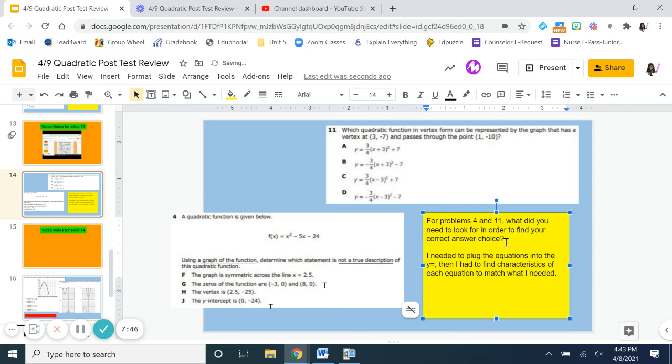And that's exactly the steps that I took. I plugged the equations into my y equals, and on number 4, I had 4 different characteristics to look at. Number 11, luckily, I only had 2 characteristics to look at. Had to go through that point and had to have that vertex. Okay. Right, on to the next one.